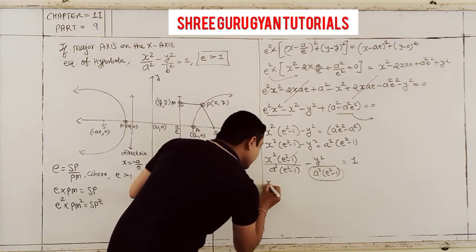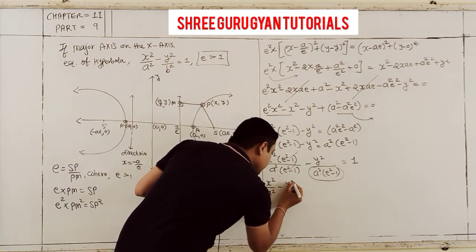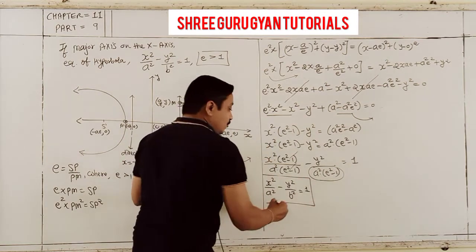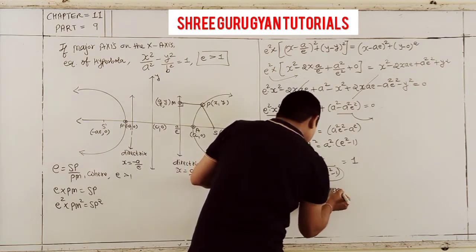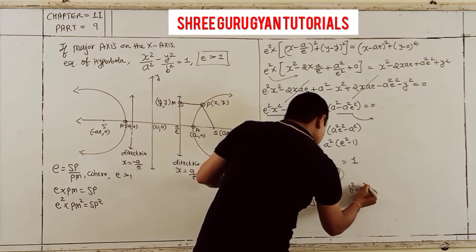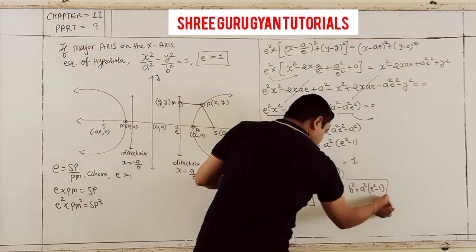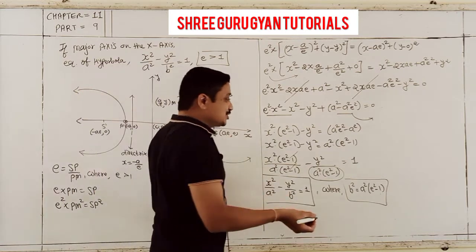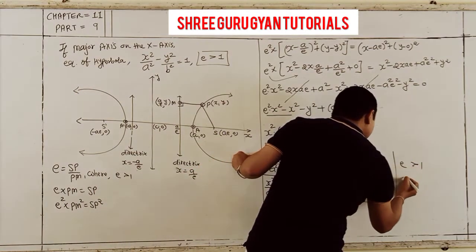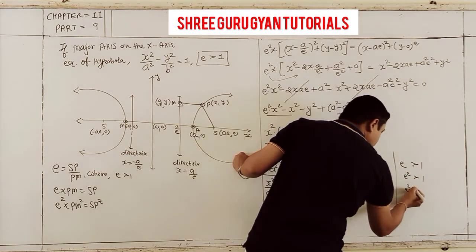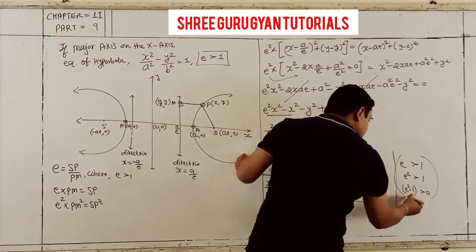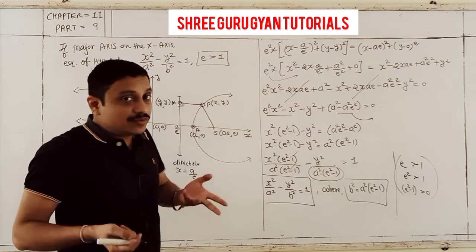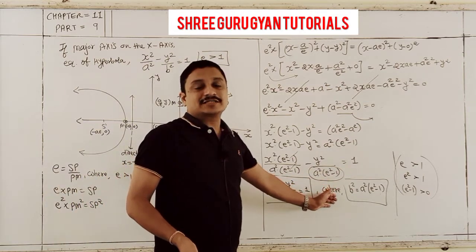So x square by a square minus y square by b square is equal to 1, where we can write b square is equal to a square (e square minus 1). This formula is used to calculate our numericals. Also check the condition. You know e is higher than 1, e square greater than 1, and e square minus 1, students, greater than 0. It is necessary to check for a positive value because it is x square and y square. Now easy. That's our conditions done.